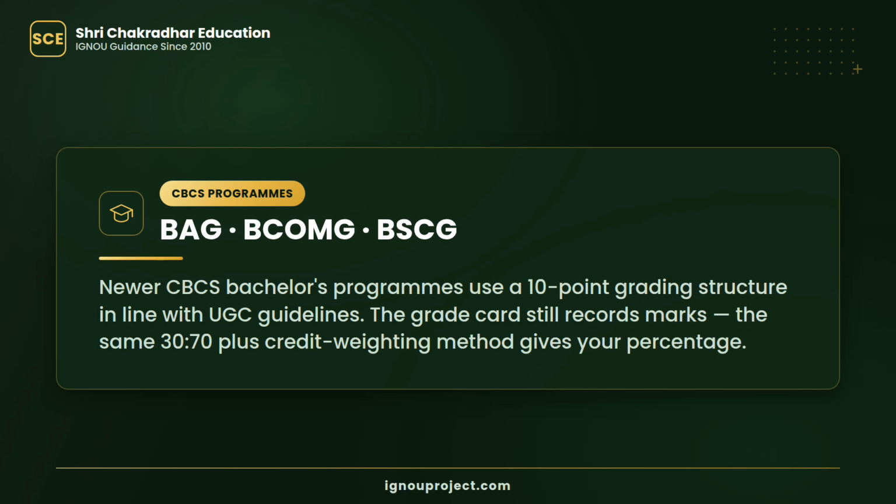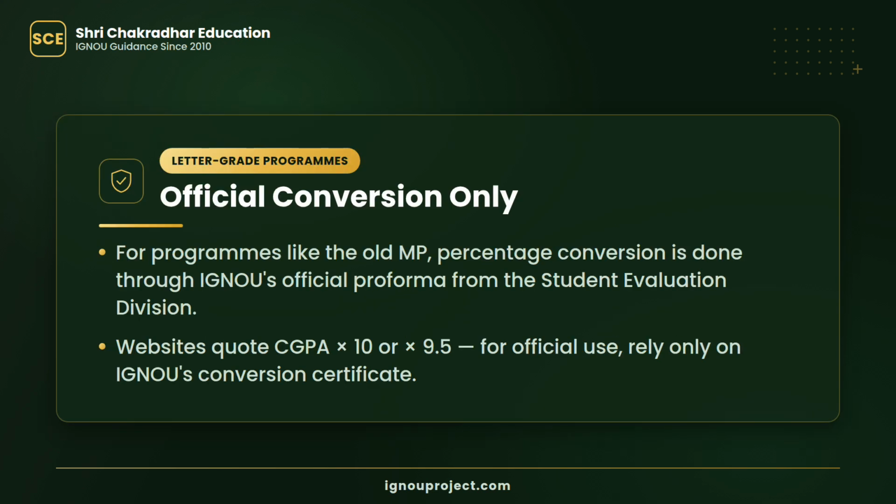Newer CBCS-based bachelor's programs, like BAG, BCOMG, and BSCG, use a 10-point grading structure in line with UGC guidelines. Your grade card still records marks, and the same 30/70 plus credit weighting method gives your percentage.